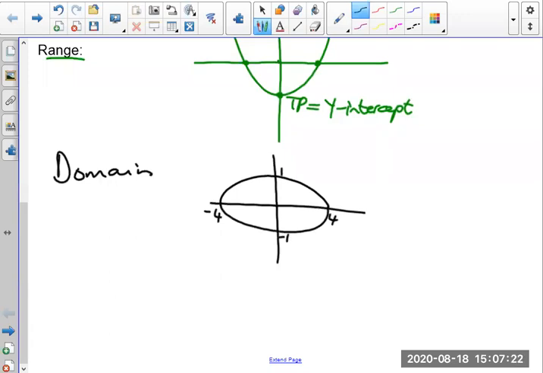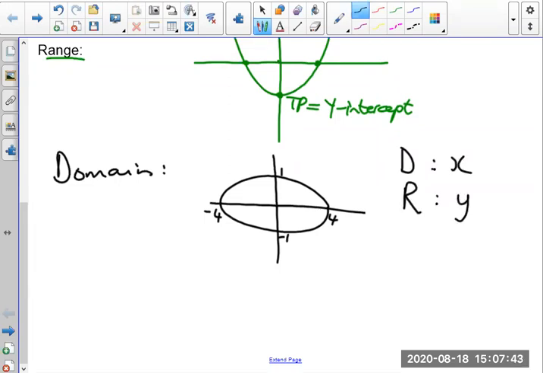And I ask you for the domain. Now, if you can remember, because sometimes you get confused, domain stands for the x values and range for the y values.